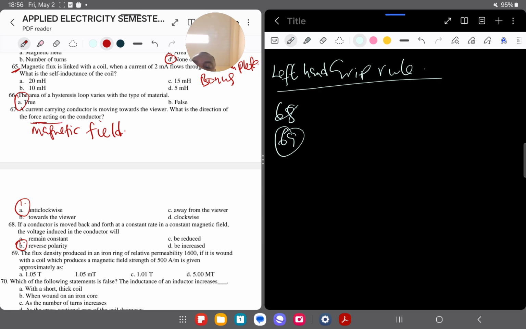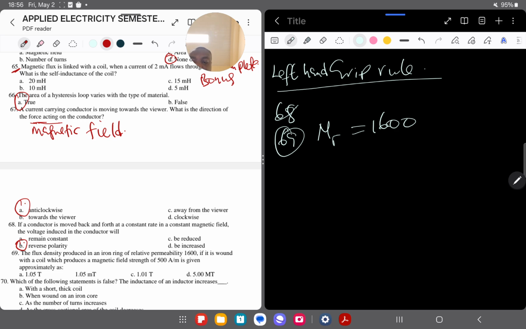So what is going to be the flux density? We have an iron ring of relative permeability 1600. The relative permeability of the iron is giving us 1600.